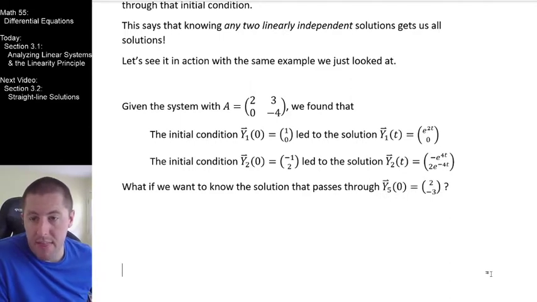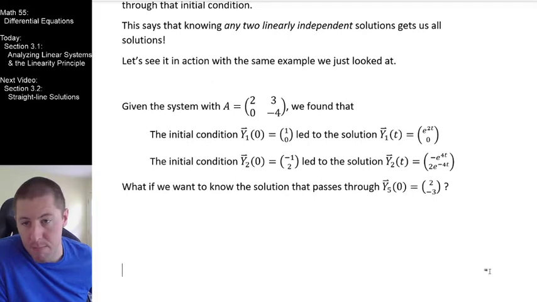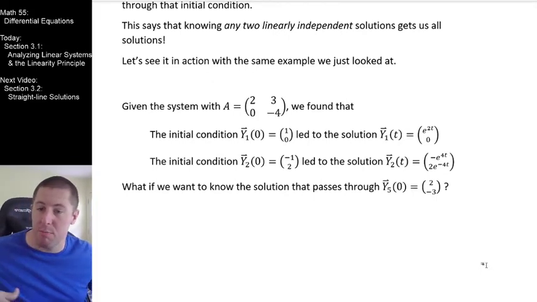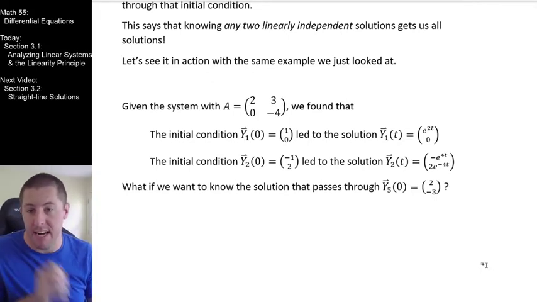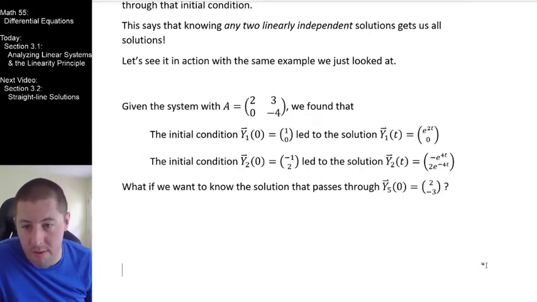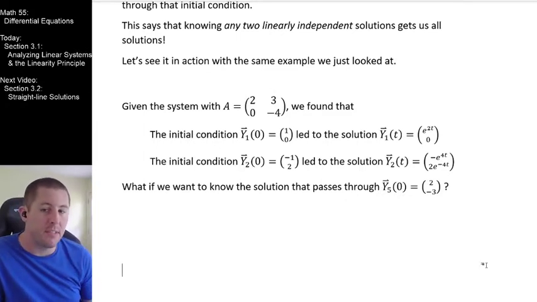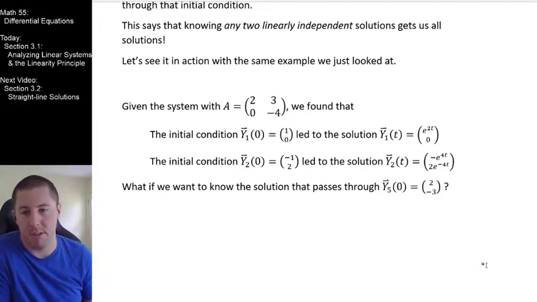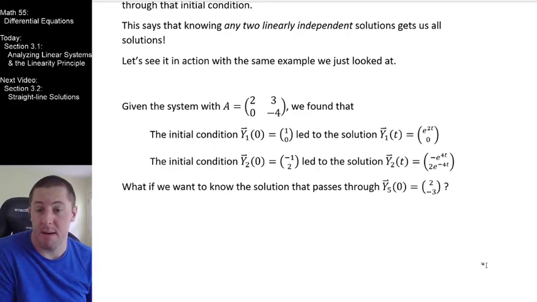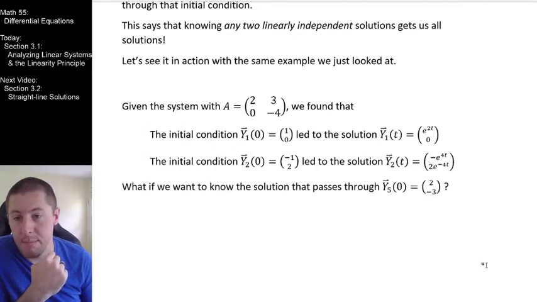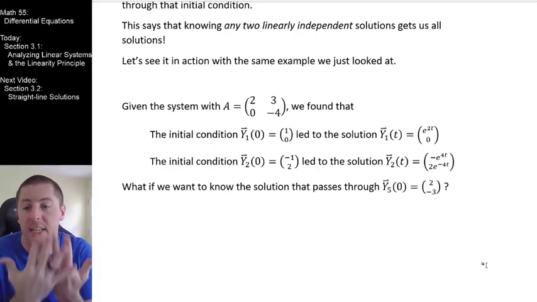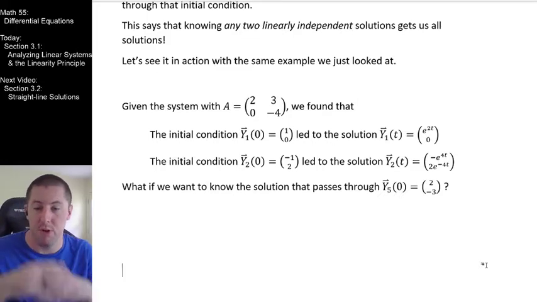If we can do that, then that's going to sort of justify to me that it seems like we can arrive at any desired particular solution by taking the appropriate linear combination of any two linearly independent solutions that we've already found. And again, what this is kind of saying to me now is this. If I want to come up with a general statement that represents all possible solutions in the plane, I just need to come up with any two linearly independent solutions, and then all linear combinations of those will produce all the rest.